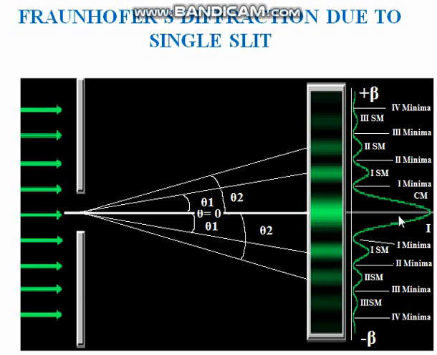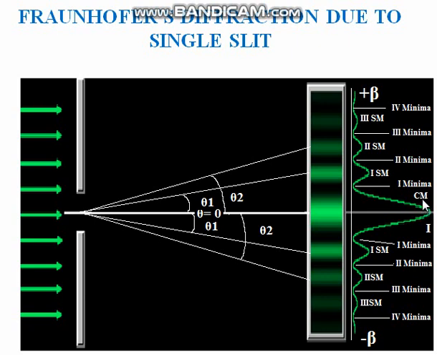Then this is the intensity versus beta graph, where beta is a constant given by pi e sine theta divided by lambda. Beta can be considered equivalent to theta, so basically this is the intensity versus angle graph. Beta is one type of angle because beta is equal to pi e sine theta divided by lambda. Here you can see that the central maximum has the maximum intensity. The height of the graph shows the amount of intensity present on the screen.